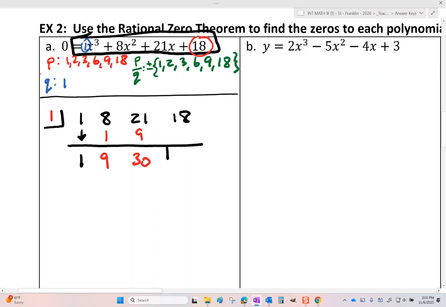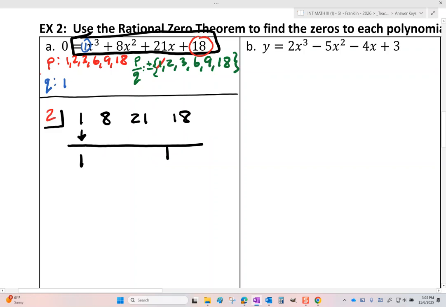Add down, we get 30 times 1 is, yeah, we're not going to get 0 here. Let's try negative 1. So 1 times negative 1 is negative 1. We get 7. Times negative 1 is negative 7, which is 14 times negative 1. That's not going to work either. So it's not 1 or negative 1. We can rule out the 1s.